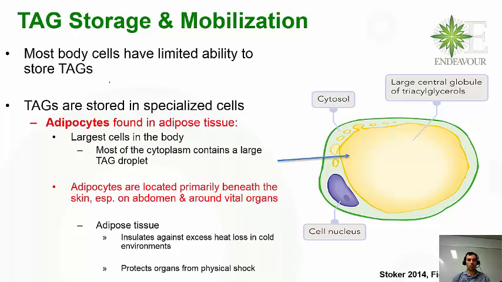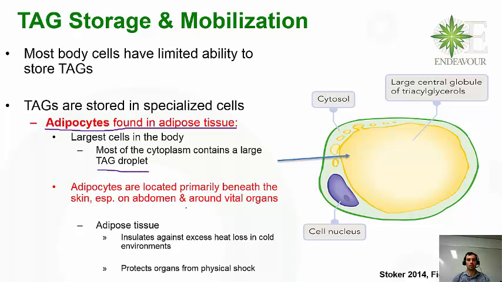So most cells do have a limited ability to store triacylglycerols. So for this reason, we use these specialized cells called adipocytes, which are very good at storing the triacylglycerol. And the majority of the cytoplasm is actually made up of the triacylglycerols.